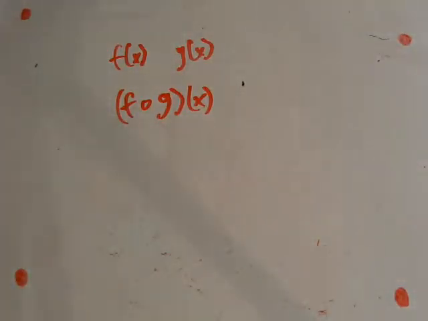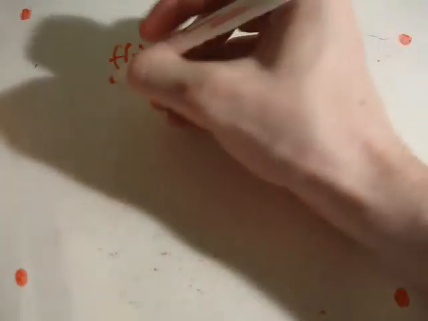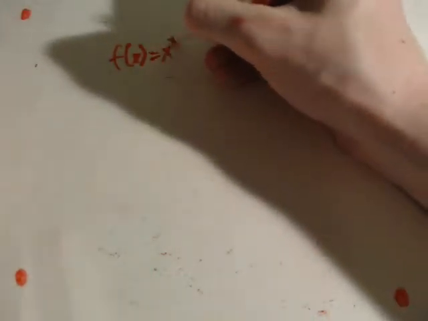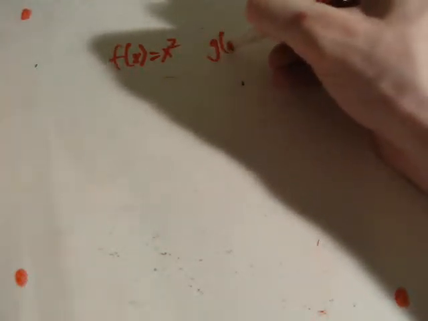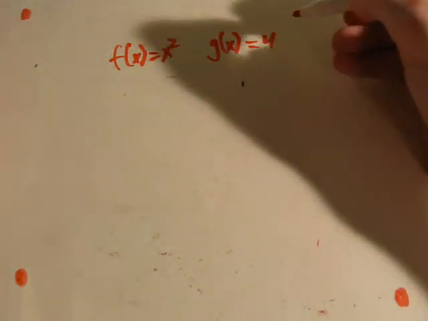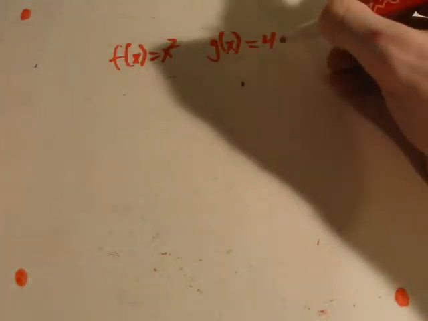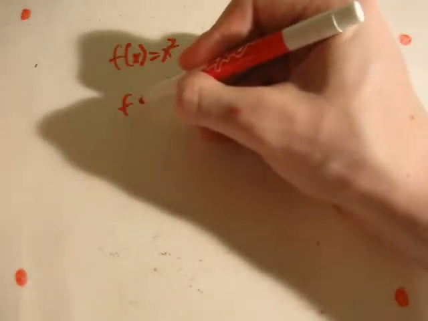Now this can be anything, but the way it works is if you've got f of x equal to x squared, and you've got g of x, let's say, is equal to 4x, then here's how it would work.